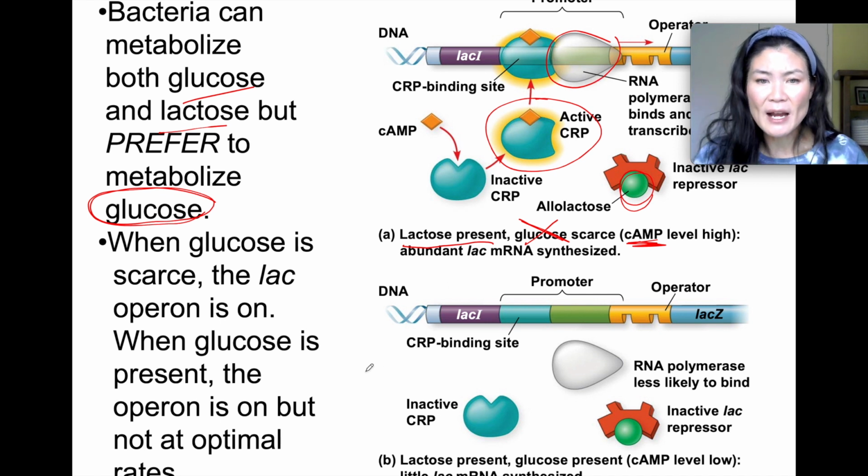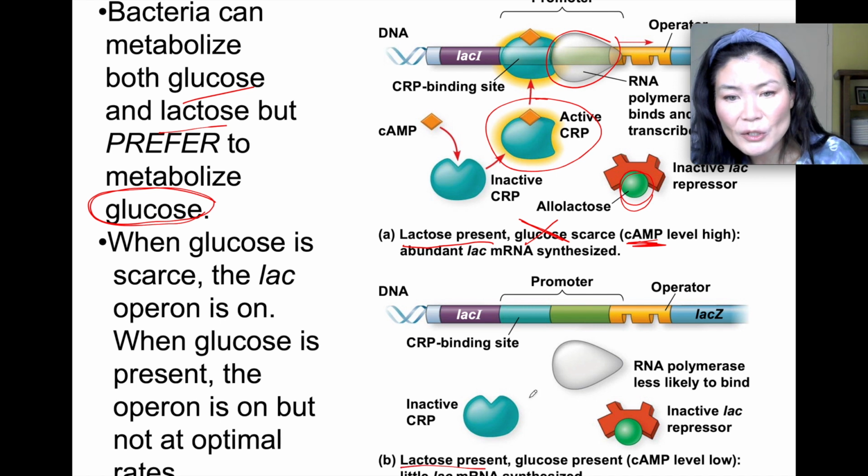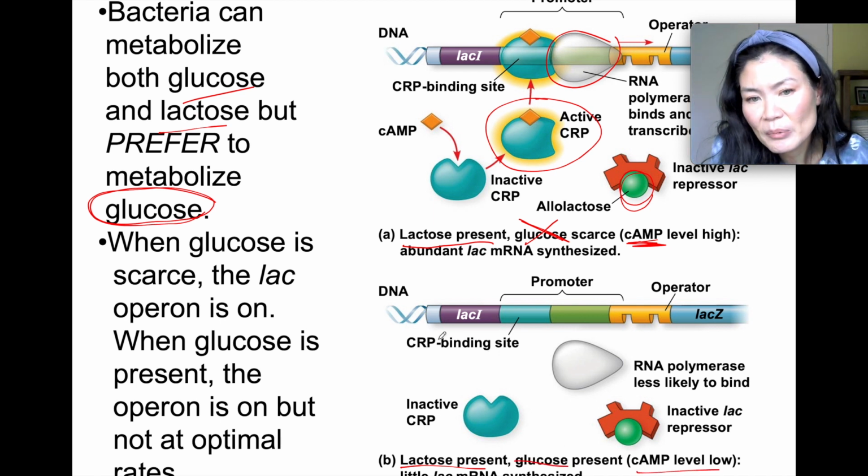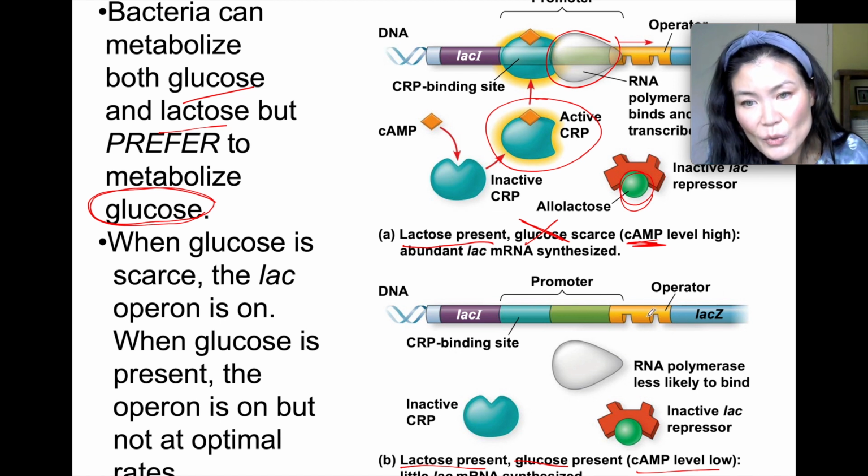So if lactose is present but glucose is also present, then cAMP levels are going to be low. If glucose is present, the prokaryotes want to break down glucose. They prefer glucose over lactose. So these genes will still be turned on because lactose is still there, however, it's not going to be transcribing a lot of these genes because it prefers glucose over lactose.